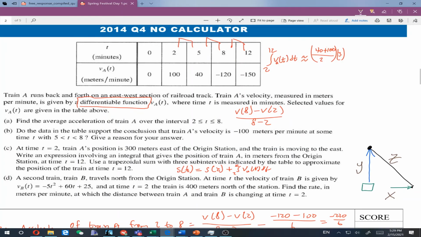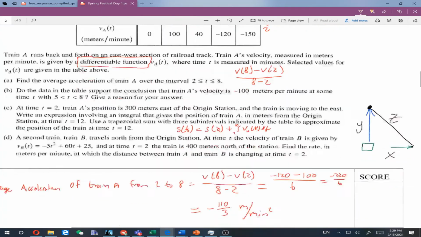But we do need a way to get train B's position at the same time. What's train B's position at the same time? Okay, 400 meters north of the station.